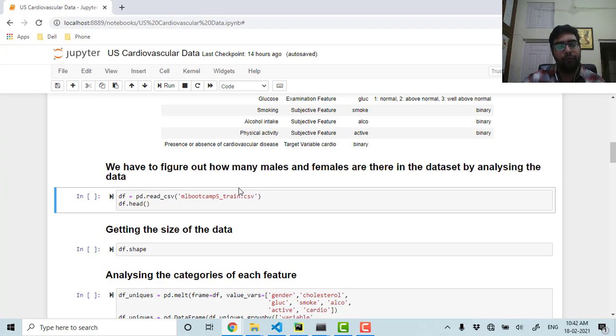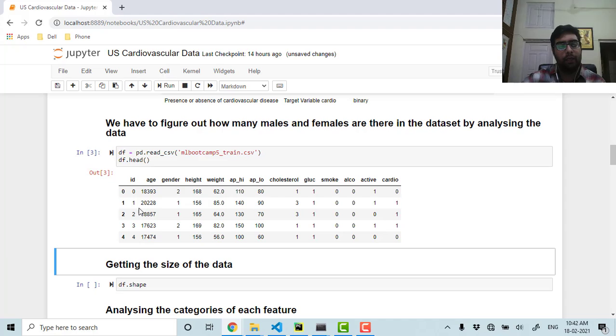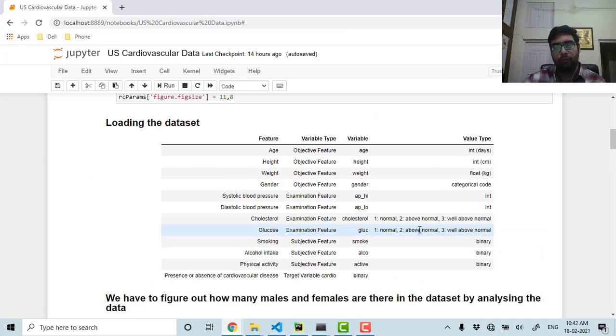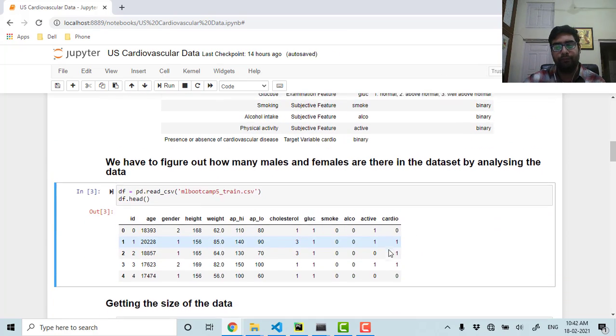First of all we will load the data from my PC. So I have loaded the data. Let's view the first few rows of the data. We have gender 2 and 1, the height, the weight, systolic blood pressure and diastolic blood pressure. Then we have cholesterol categories, 1, 2 and 3, and glucose, which also has 3 categories.